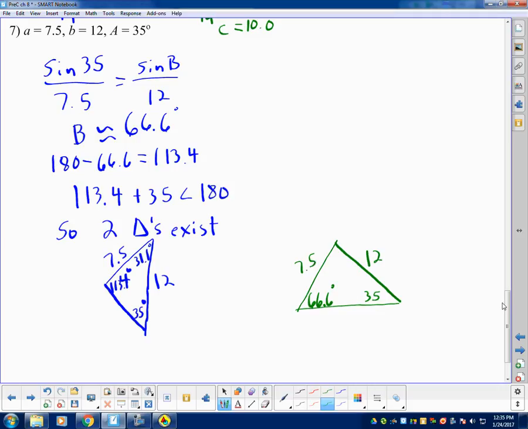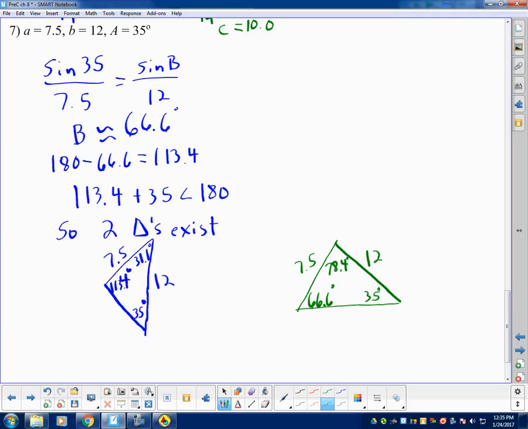And then if we have a 66.6 and a 35, then this up here has to be 78.4. And then we need to find the side length opposite the 78.4. All right, so I've got 2 things to find. Right here I need to find the side opposite the 31.6.